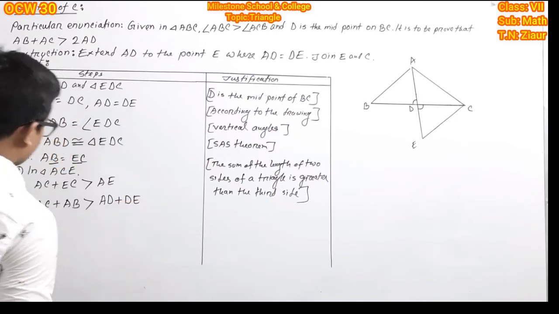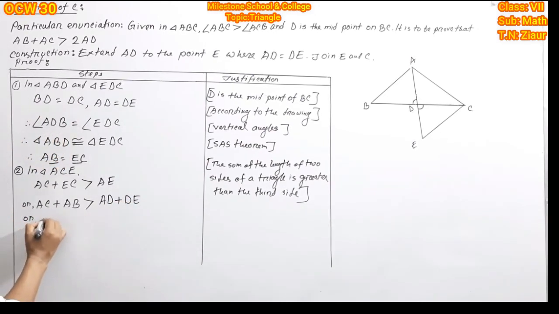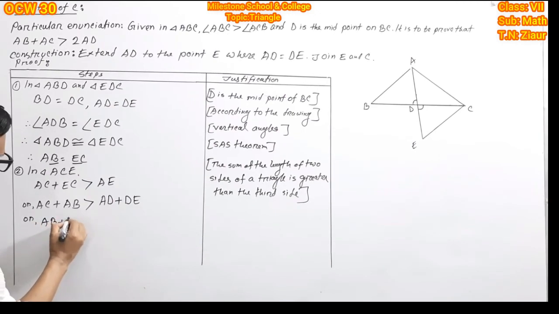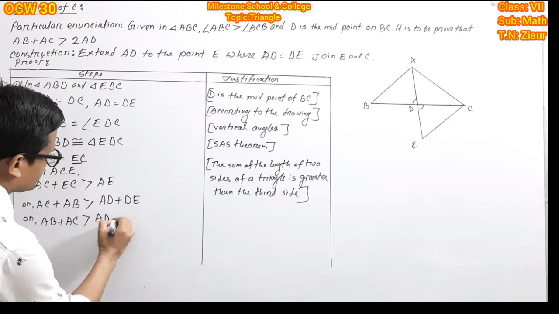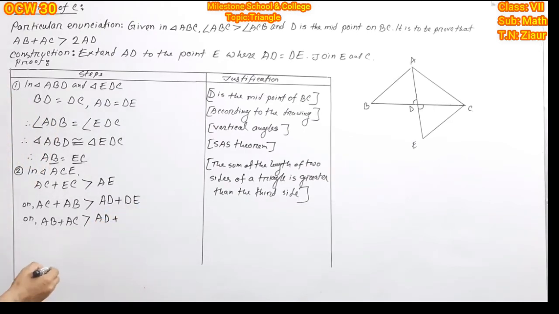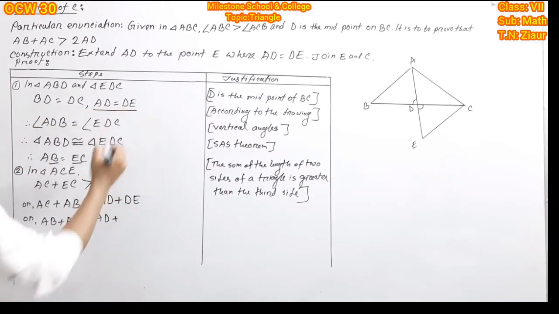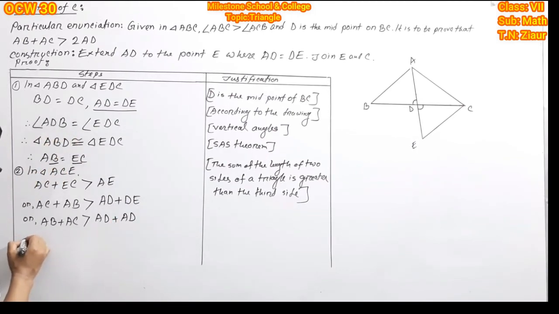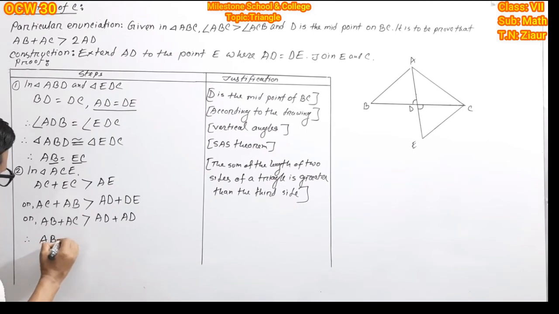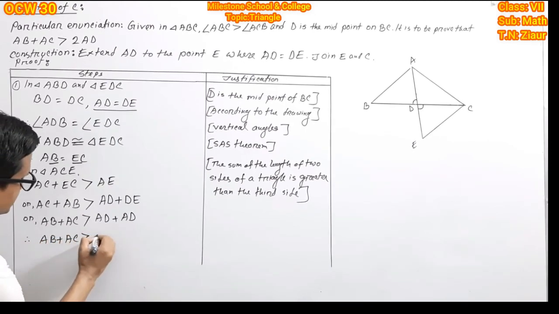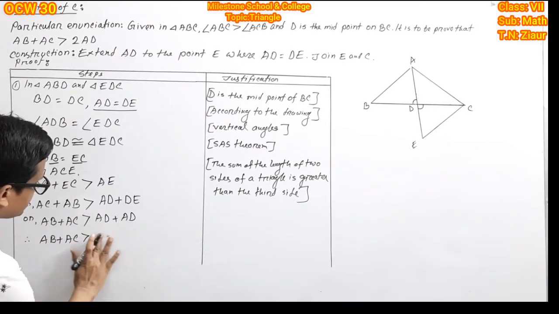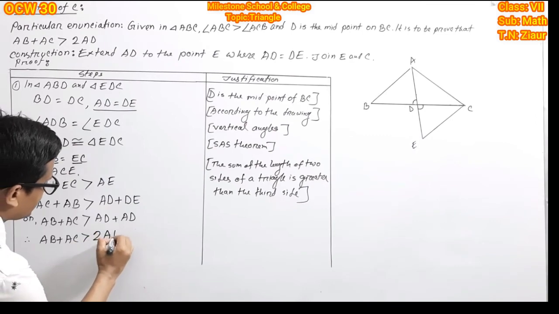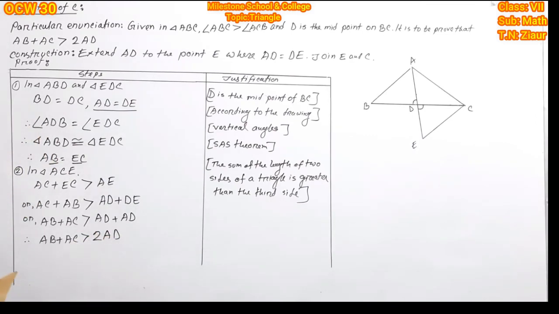Okay, DE is equal to what? DE is equal to AD, so just write here AD. So we can write AB plus AC greater than AD plus AD, that is 2AD. Have you understood, students?